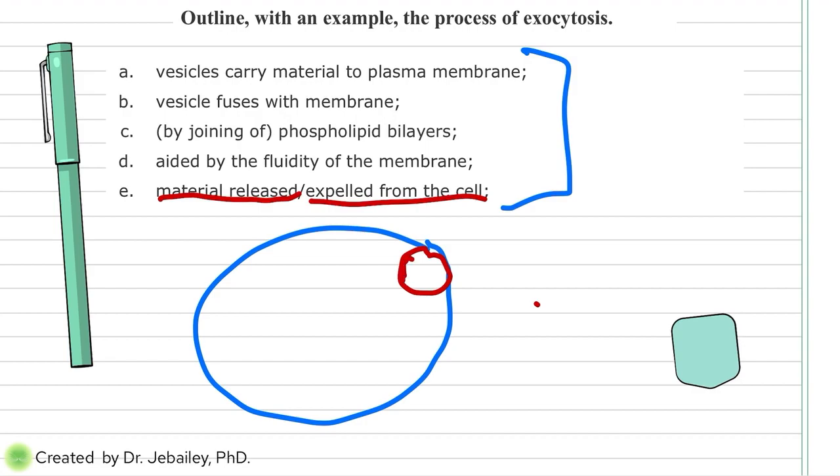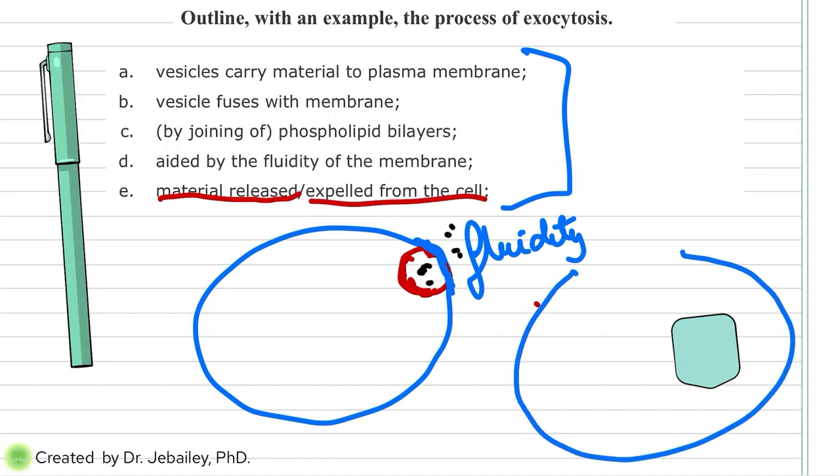Its cell membrane right here is going to fuse with the cell membrane of the cell. And this can only happen because there is fluidity. That means you're allowed to open and close. And whatever particles were inside here will move out. Now, when they join together, this is what the cell is going to look like. This is the cell, and look, the membrane of the vesicle now became part of the membrane of the cell. That's what it means by fusing, by joining the phospholipid layers.